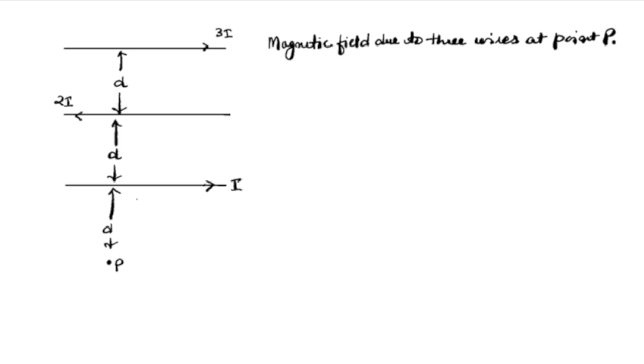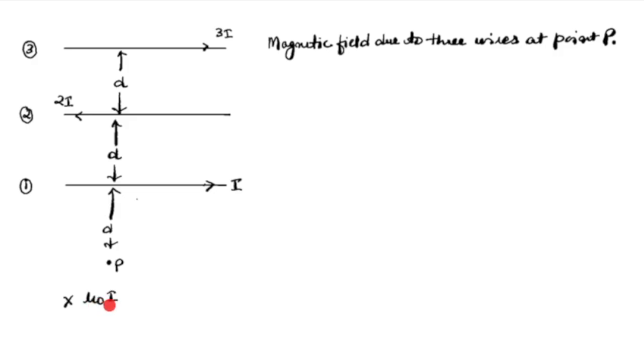So let's say this is case 1, case 2, case 3. Due to 1, the magnetic field will be a cross here. Now I'm calculating the magnitude.